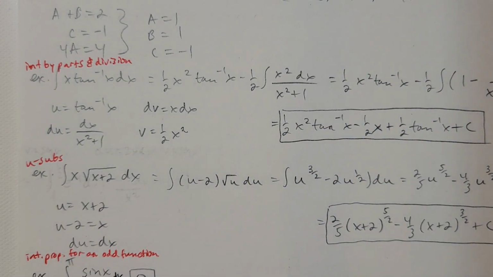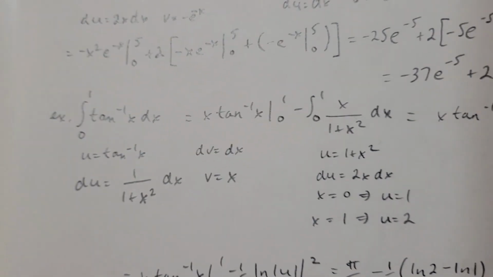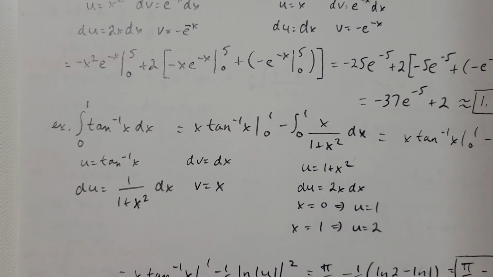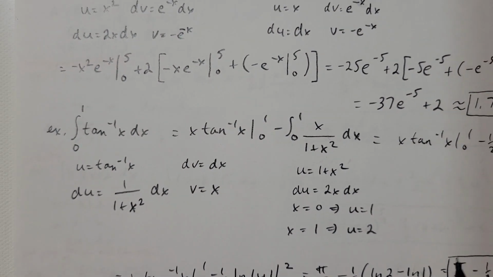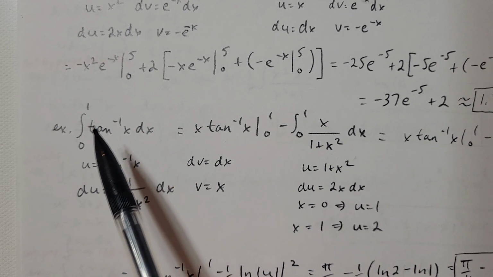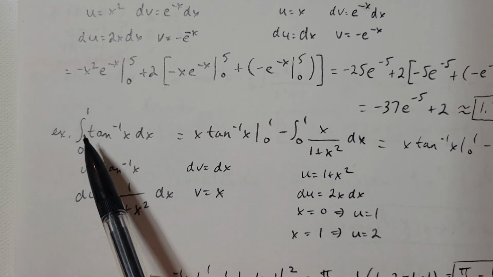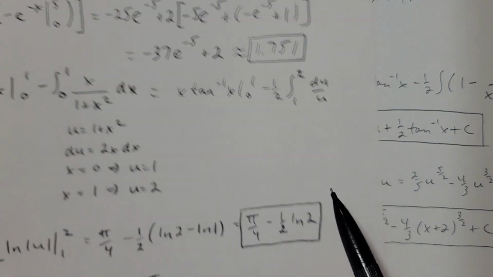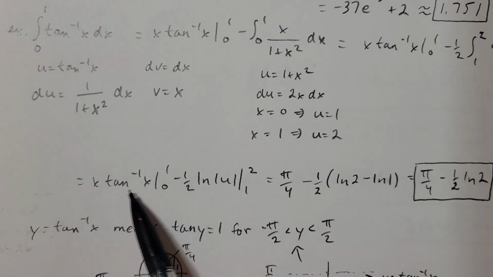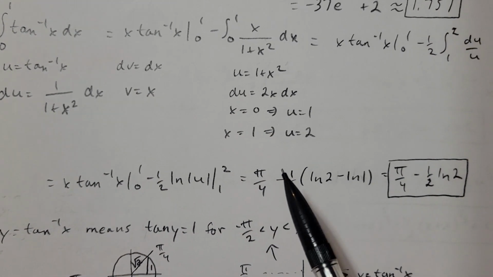I would not have those flipped. Just a second, because I'm getting my other notes from section 7.1 here. I would not have those switched, because if I were to let dv be tangent inverse of x, well, here's the antiderivative of that.